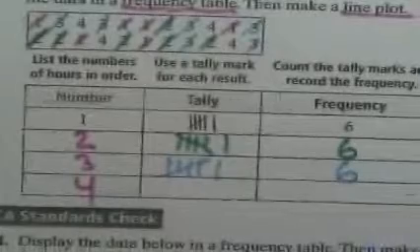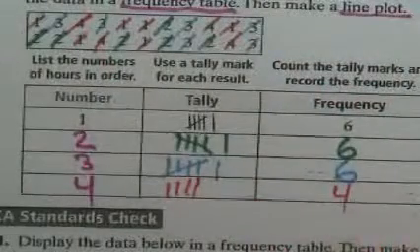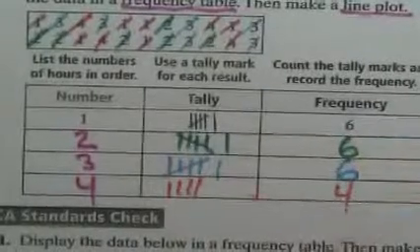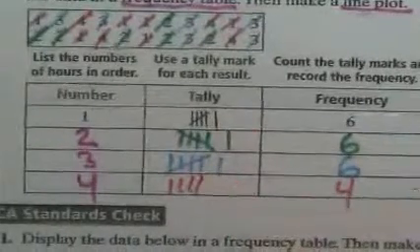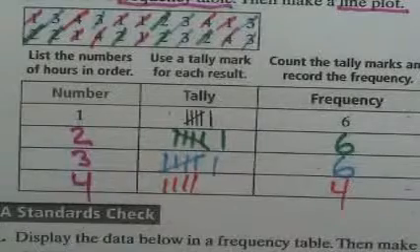Now we do the same thing for the 4s. I have that one, this one, and that one. So that's basically how we do the tally marks, and we end up with 4. And 18 and 4 is 22. So that's the purpose of the tally marks, just to help us keep track.